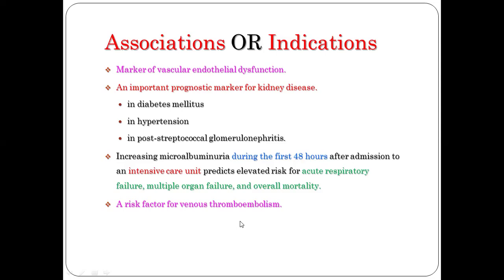In conditions like diabetes mellitus, hypertension, post-streptococcal glomerulonephritis. Increasing microalbuminuria during the first 48 hours after admission to the ICU, when the patient is admitted in ICU, predicts an elevated risk for acute respiratory failure, multiple organ failure, and overall mortality.